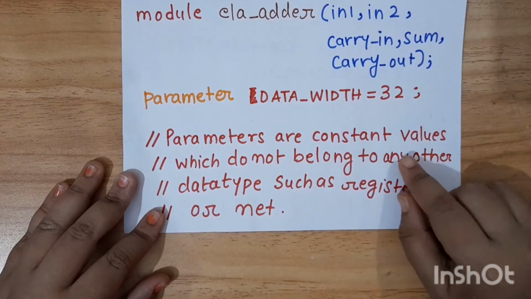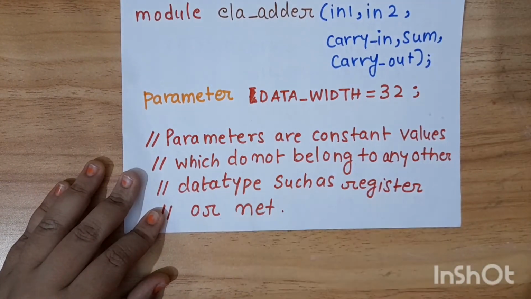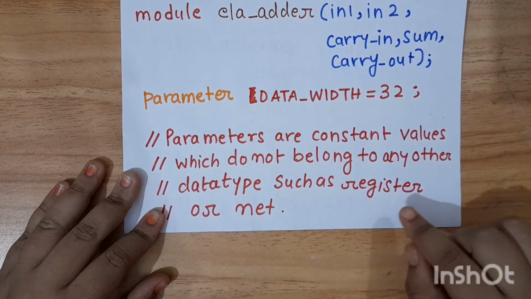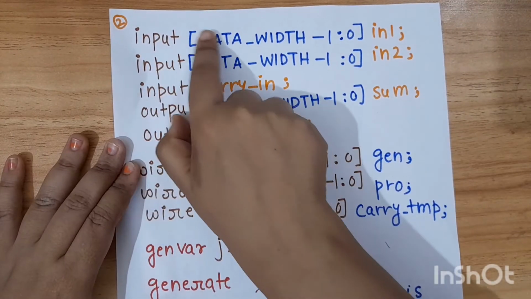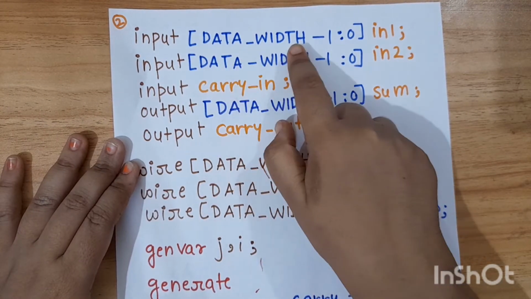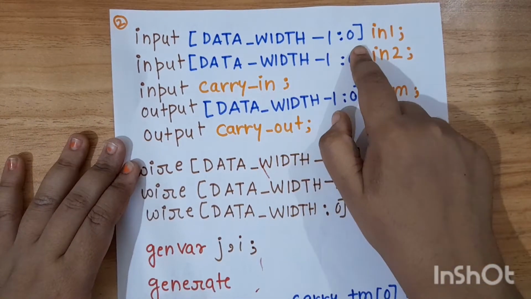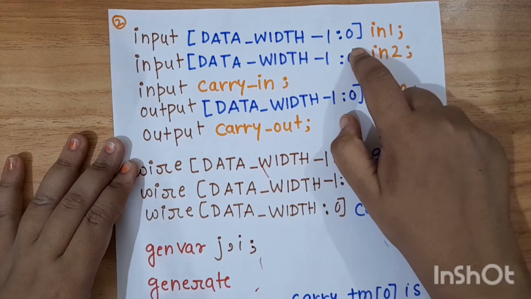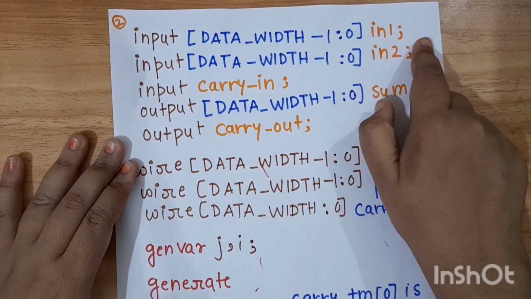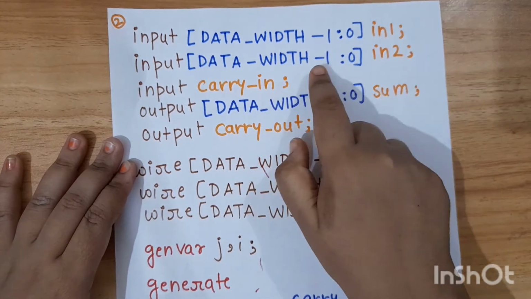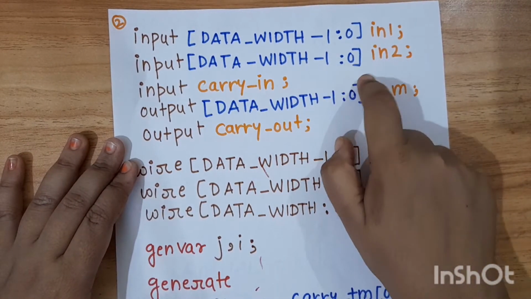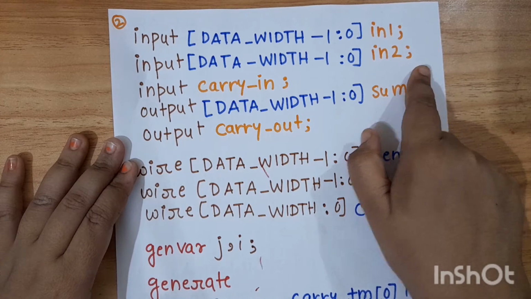Parameters are constant values which do not belong to any data type such as register or net. Input [data_width-1:0] in1 semicolon. Input [data_width-1:0] in2 semicolon.